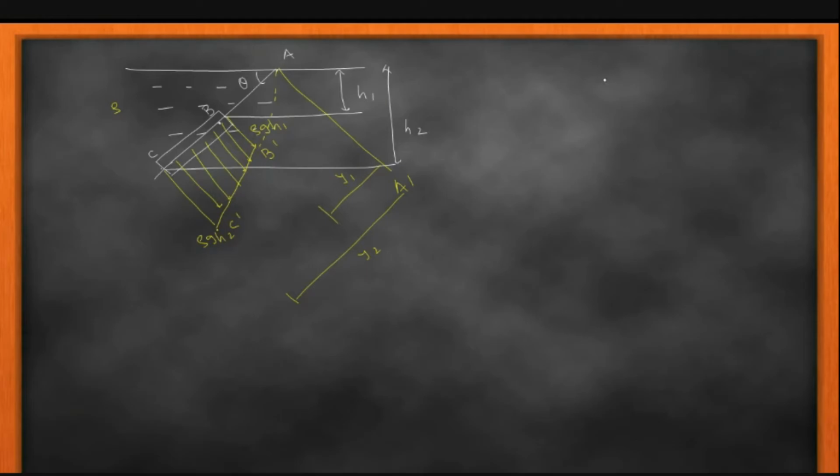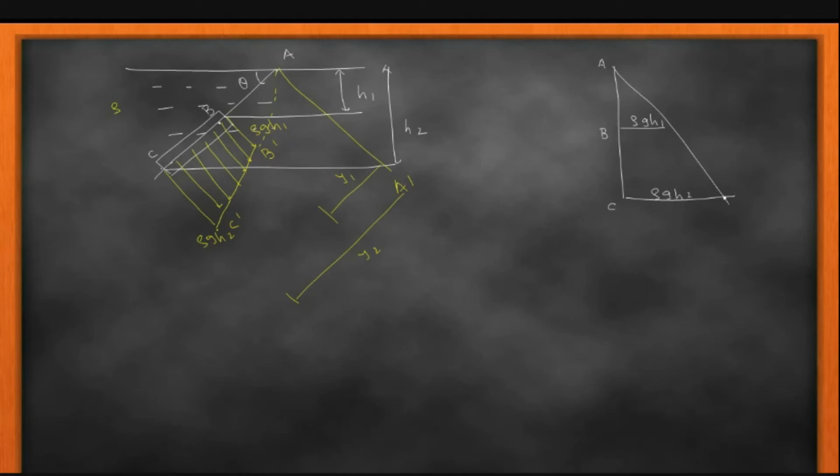Suppose I plot this diagram over here in an enlarged manner. This is my point A, this is C, this is B. B has a certain intensity, C has another intensity, that is rho g h1 and rho g h2, and we have this variation in the pressure like this.